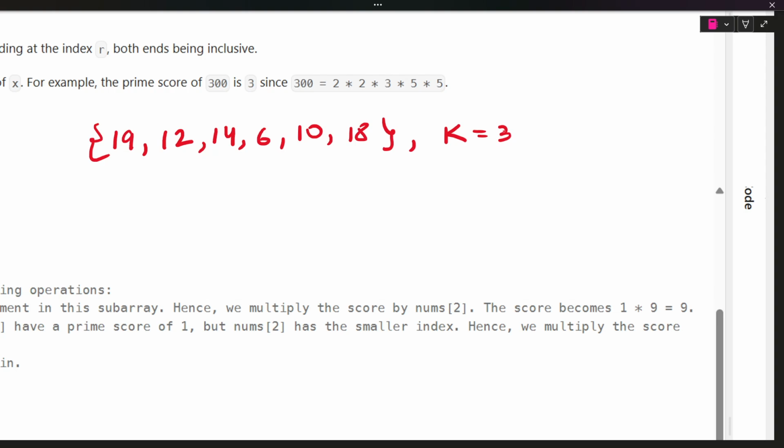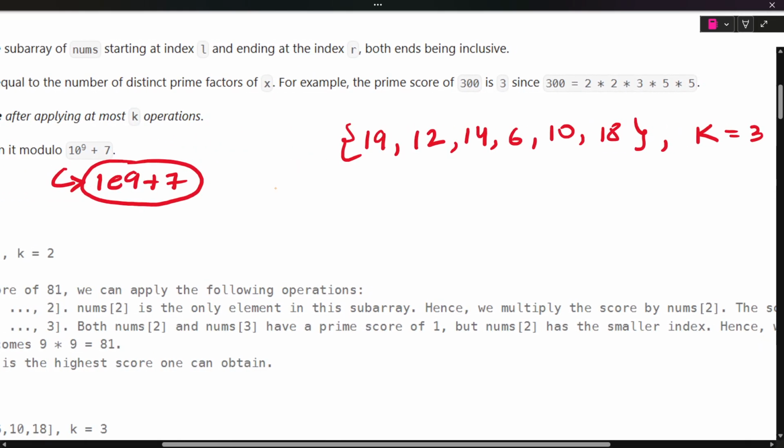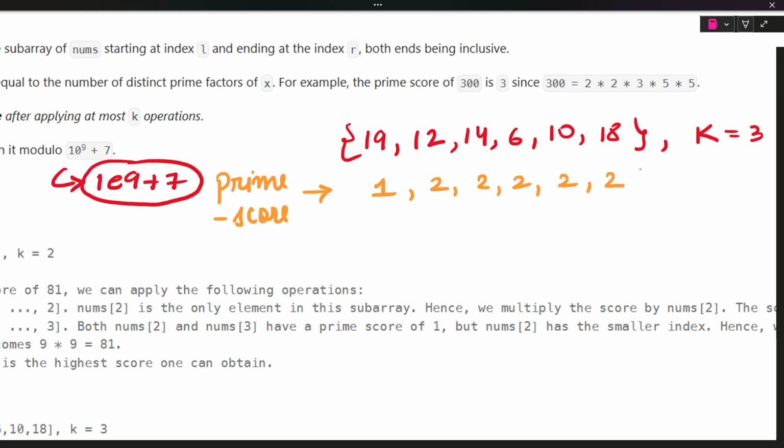Let me write the prime scores of these elements. The prime scores are going to be 1, 2, 2, 2, 2, and 2.